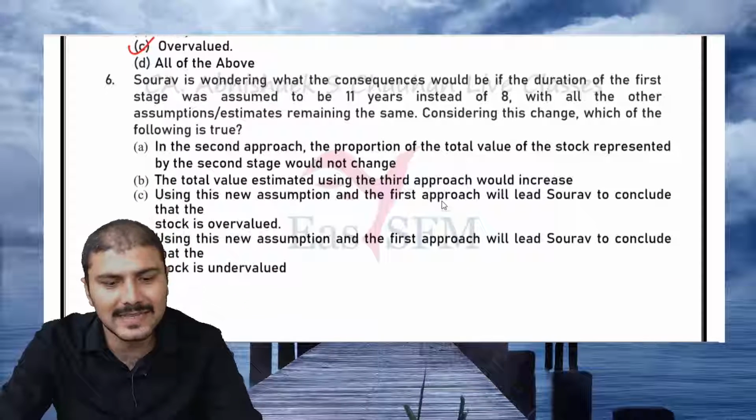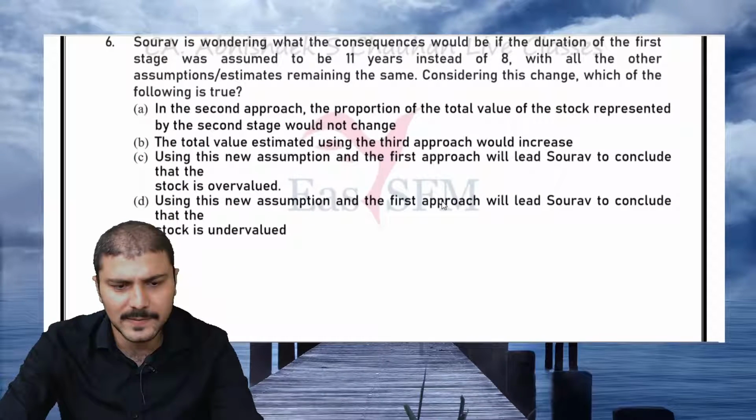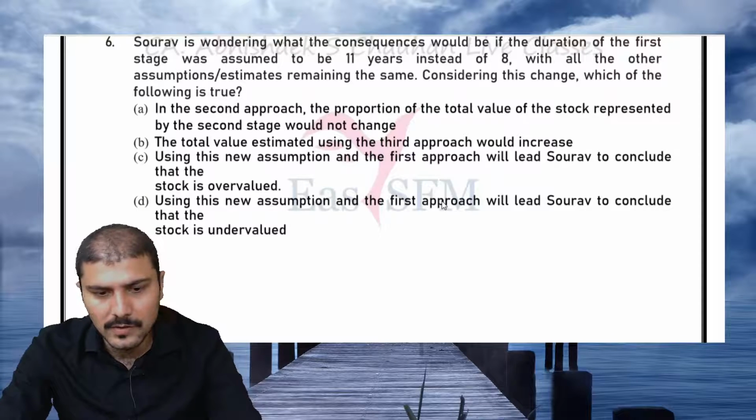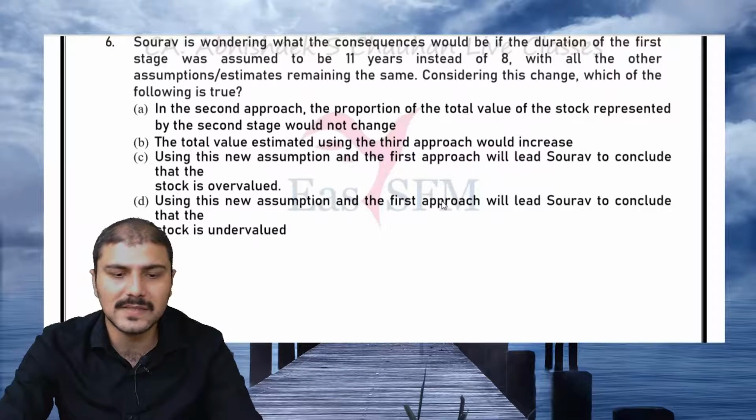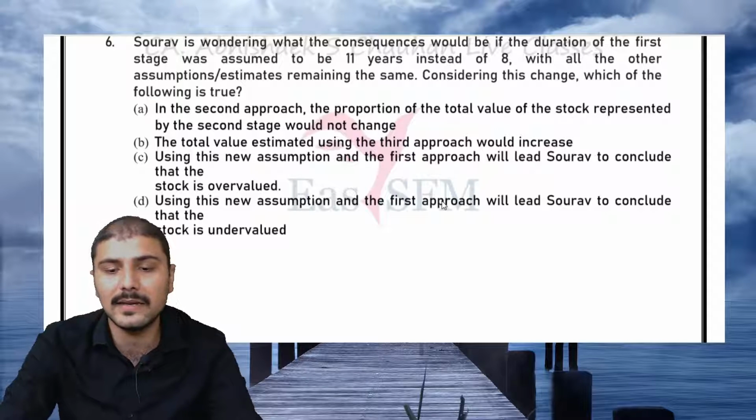Now the sixth question, this is again a theoretical one, the last part of this. Saurav is wondering what the consequences would be if the duration of the first stage was assumed to be 11 years instead of 8.